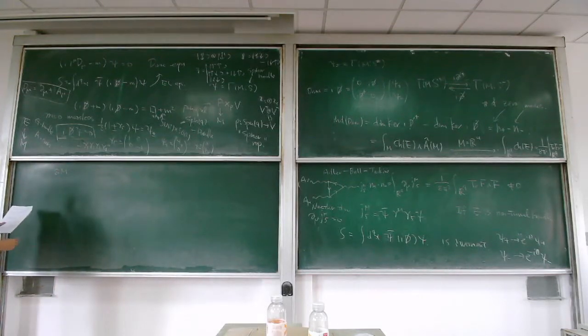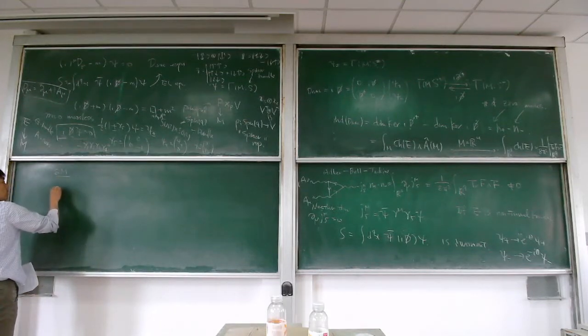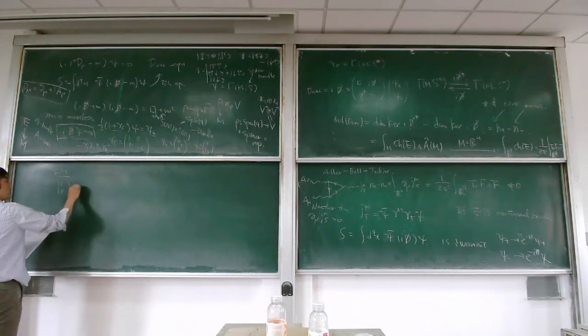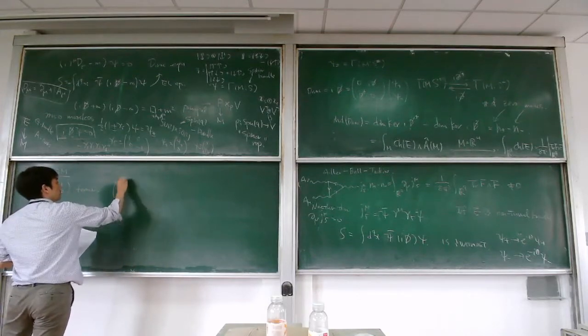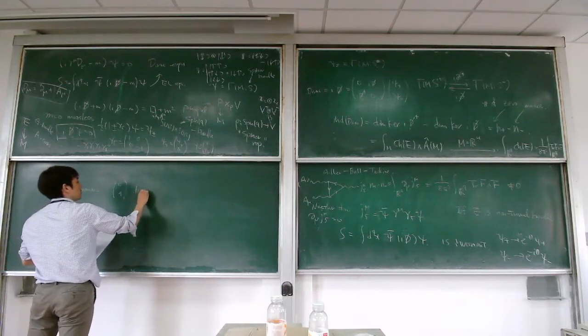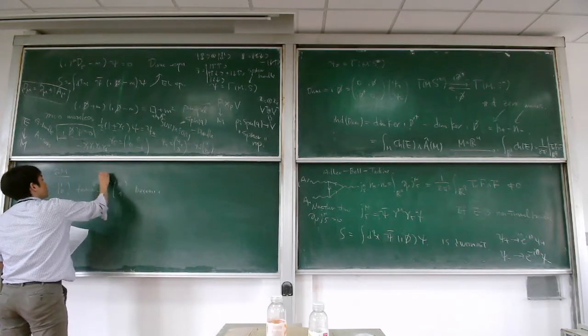Supersymmetry is a relation between bosons and fermions. Call 1,0 the fermionic state, and 0,1 the bosonic state. The supersymmetry is a relation between them.